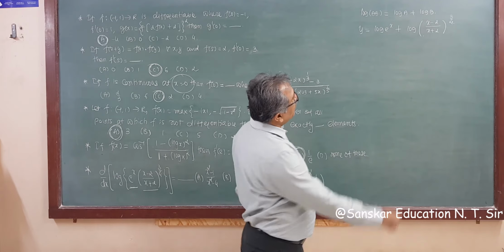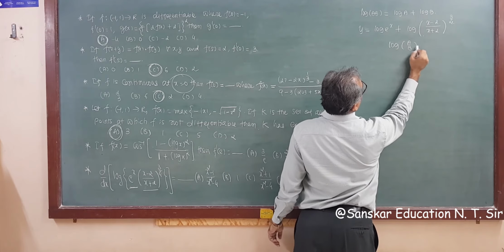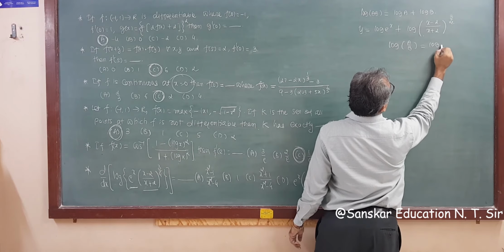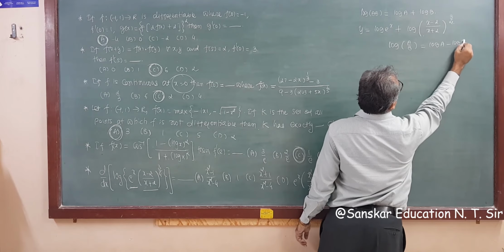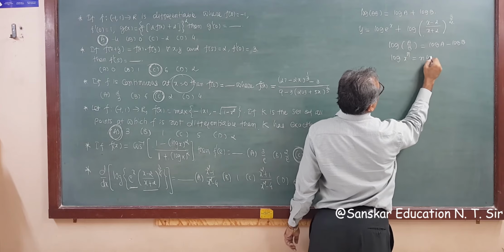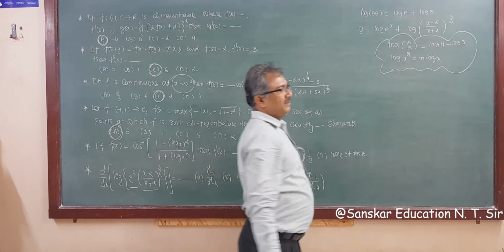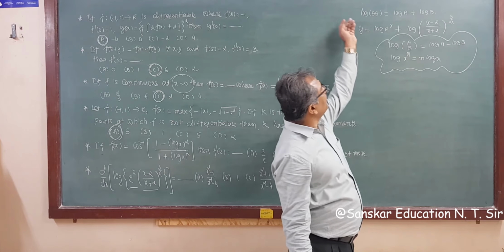Also you have one formula, log a upon b is log a minus log b, and another formula, log of x raised to n is n log x. So we have to apply all the formulas of log here.